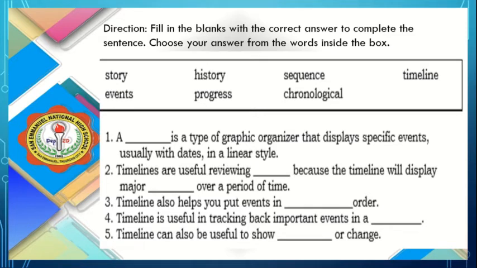Choose your answer from the words inside the box. What are those words first? We have story, events, history, progress, sequence, chronological, and timeline. Don't forget those words inside the box.